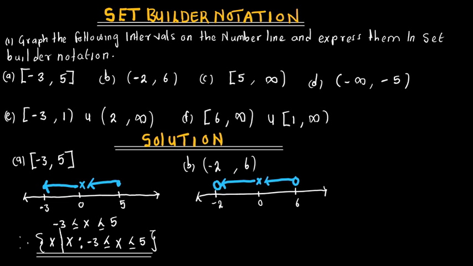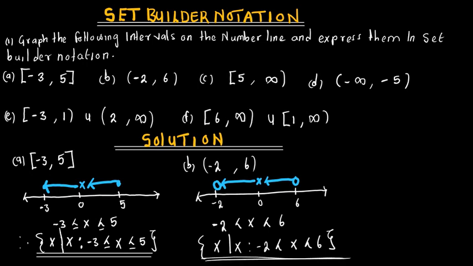We don't put less than or equal to, because we have an open circle. So it is written as {x such that -2 < x < 6}. That is how we write that.